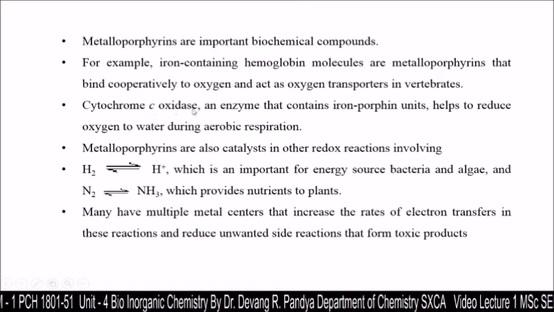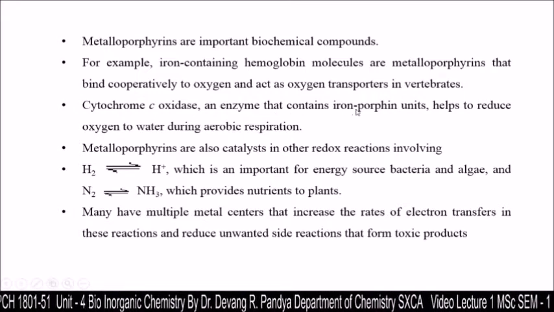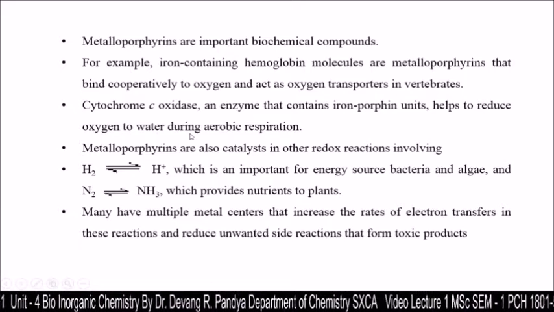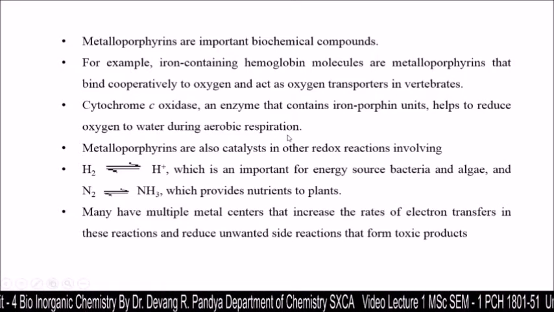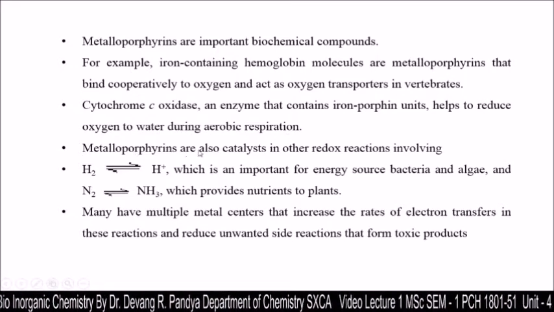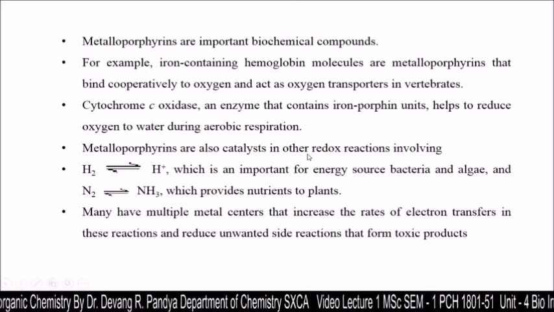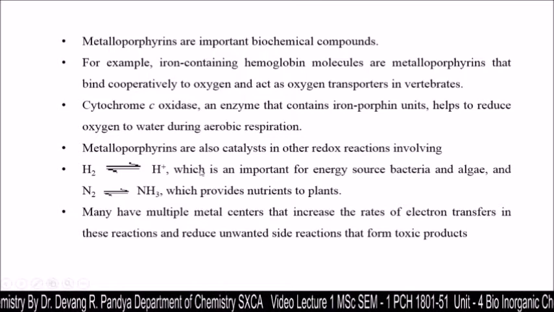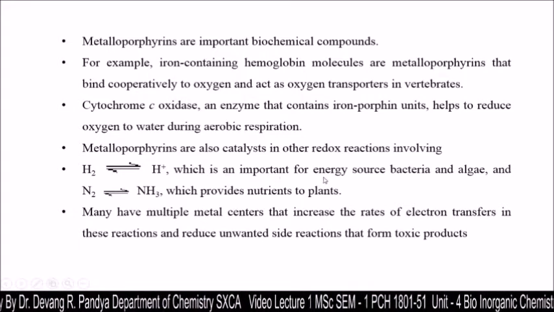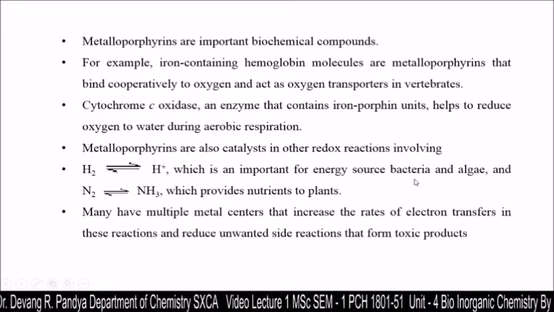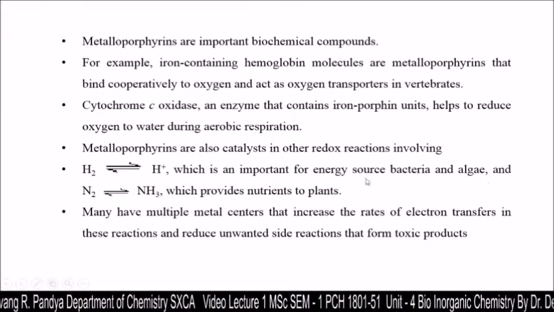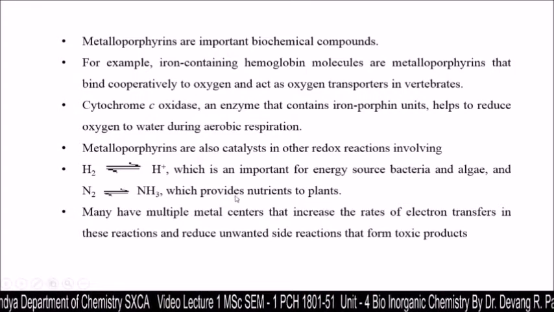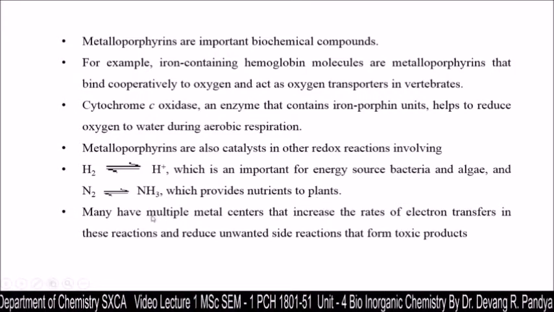Cytochrome C oxidase, an enzyme that contains iron porphyrin units, helps to reduce oxygen to water during aerobic respiration. Metalloporphyrins are also catalysts in other redox reactions involving hydrogen ion to hydrogen, which is an important energy source for bacteria and algae, and nitrogen to ammonia, that is nitrogen fixation, which provides nutrients to plants.